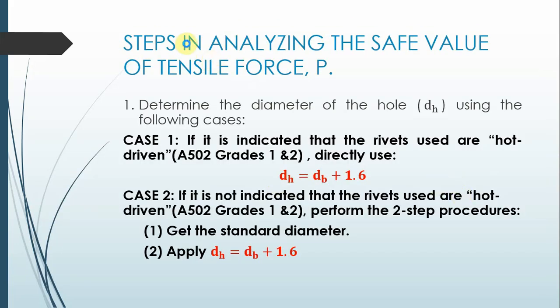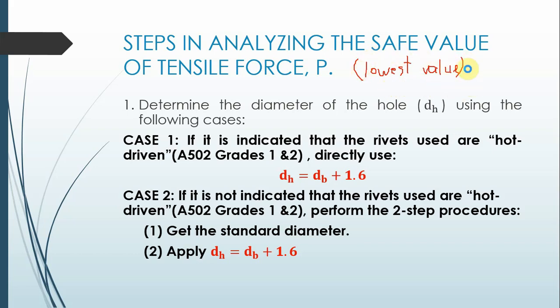Now, these are the steps in analyzing the safe value of the tensile force P. In these problems, they always ask what is the safe value that the connection can resist, but we also have to know the basic steps in analyzing the value of our tensile force P. Basically, we should take the lowest value.